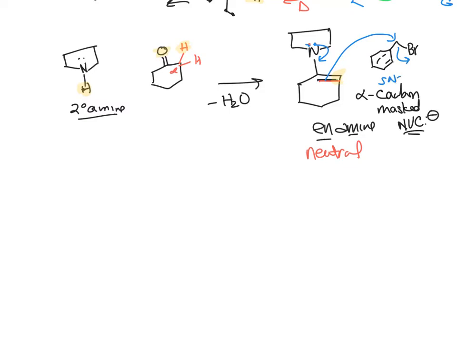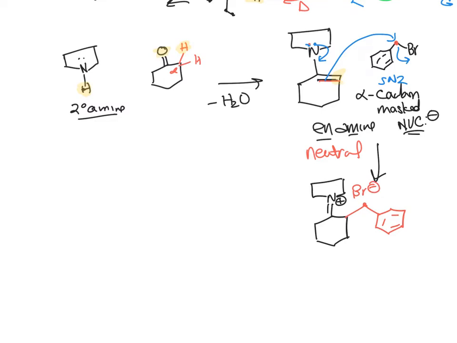This is your SN2, and that is how you alkylate the alpha position. You form a new bond at this carbon here. You've got the Br minus there to make a salt.